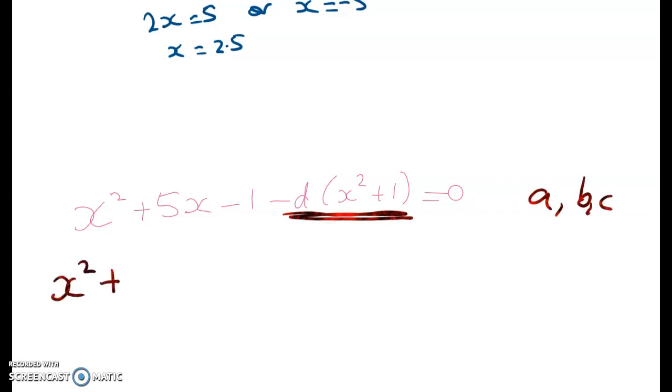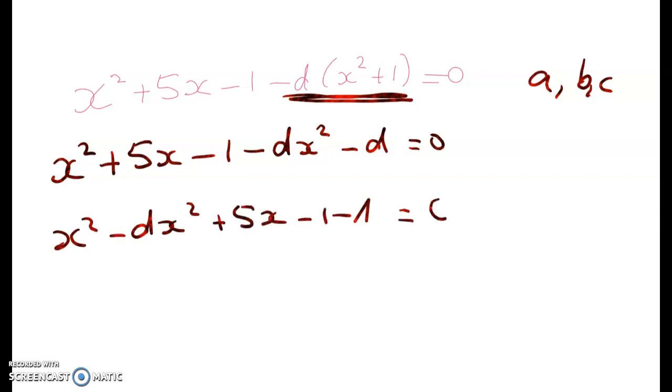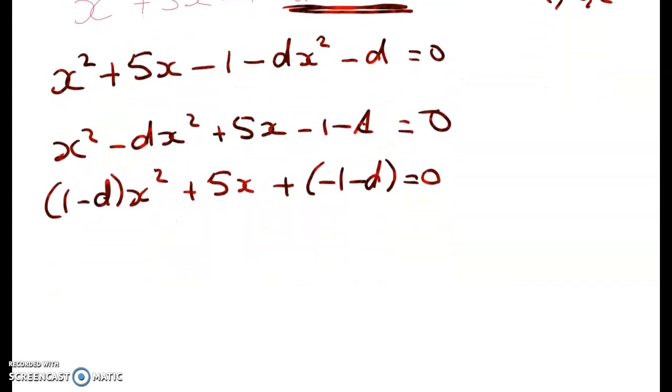We've got x squared plus 5x minus 1 minus dx squared minus d equals 0. I'm going to reorder it and put it as x squared minus dx squared plus 5x minus 1 minus d equals 0, and I know that I'm about to run out of time, so I'm going really fast now. 1 minus d times x squared plus 5x plus negative 1 minus d is equal to 0.